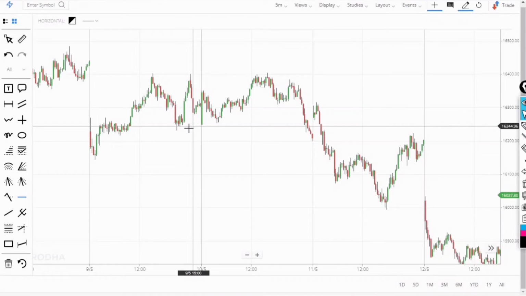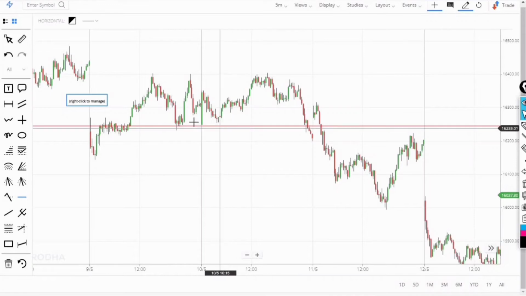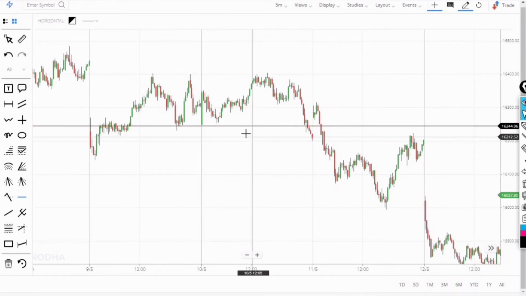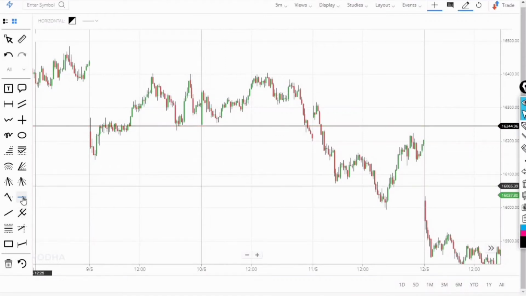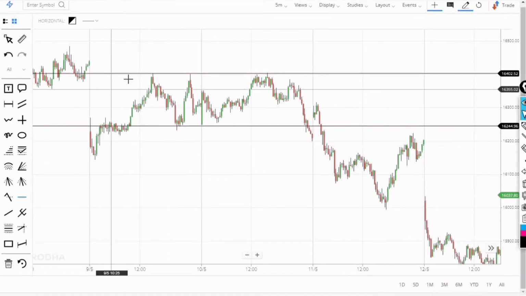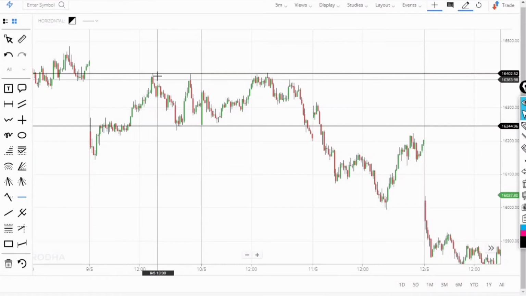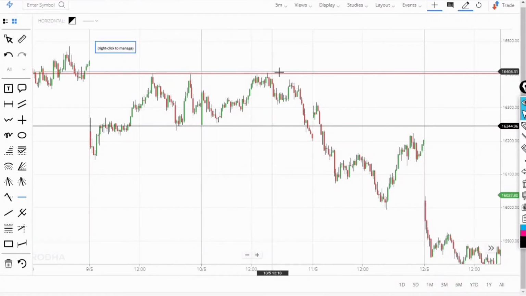From this point we have taken the support, first, second, third, fourth, fifth, almost 5 times price has tried to touch that support. And for resistance also, if you are able to see clearly, price has reached up to that resistance level 1, 2, 3, 4 times.